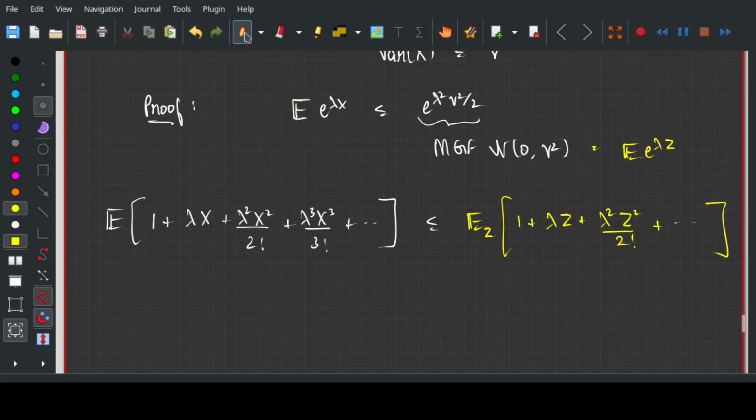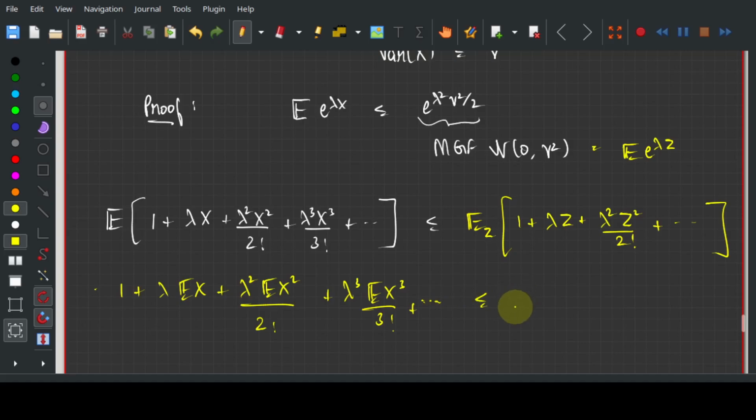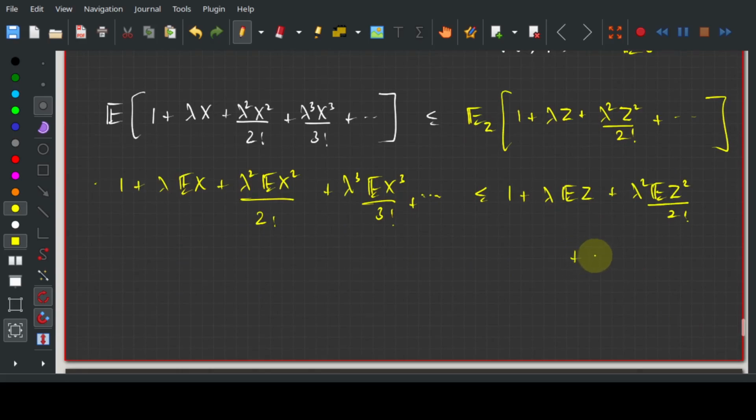Now, this is equal to, right? So this means 1 plus lambda times expected value of x plus lambda square expectation x square divided by 2 factorial plus lambda cube expectation of x cubed divided by 3 factorial is less than or equal to 1 plus lambda times expectation z plus lambda square expectation z square by 2 factorial plus lambda cube expectation z cube by 3 factorial and so on.